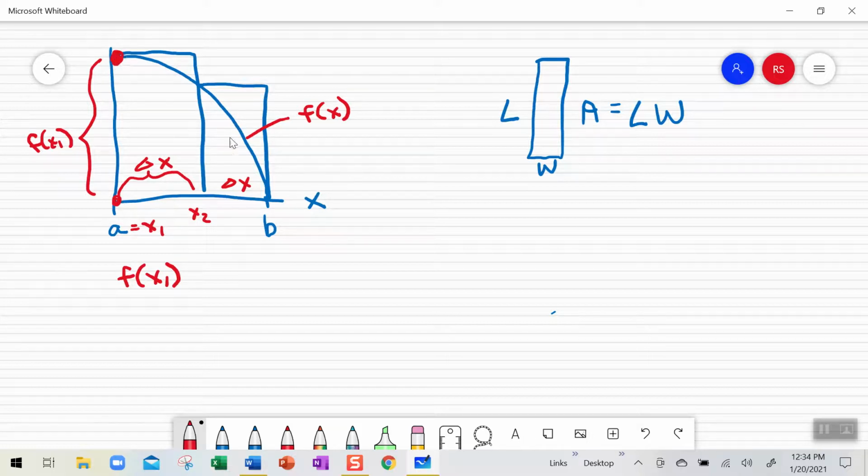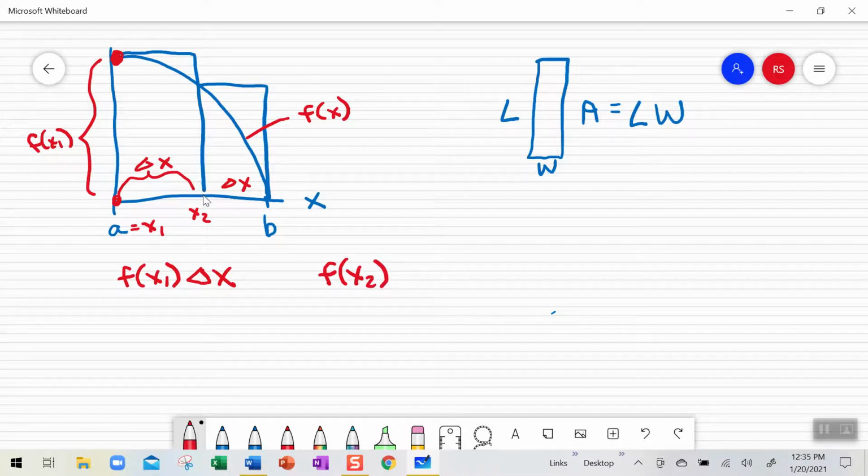Well, the width of the rectangle is delta x. So finding the function value at x sub 1 and multiplying by delta x gives me the area of this first rectangle. Well, the second rectangle is going to be the function value at x sub 2.